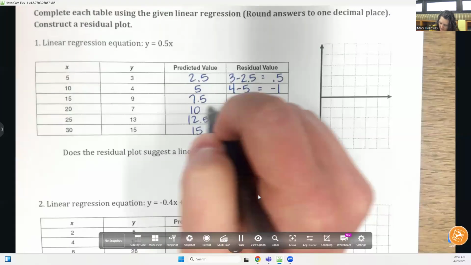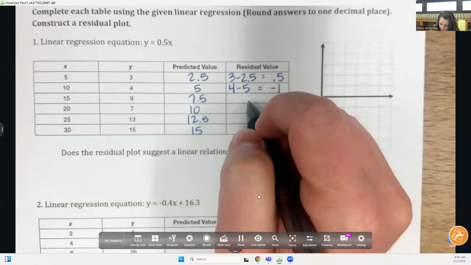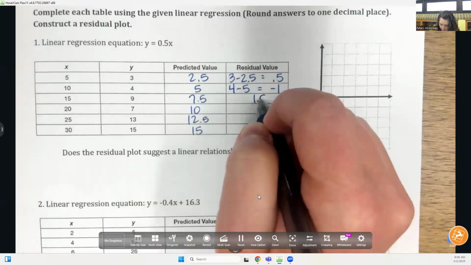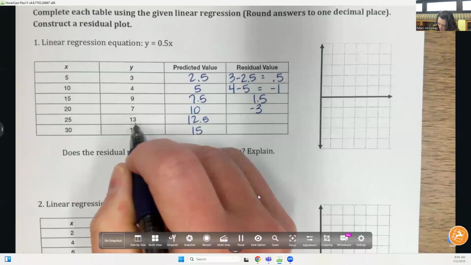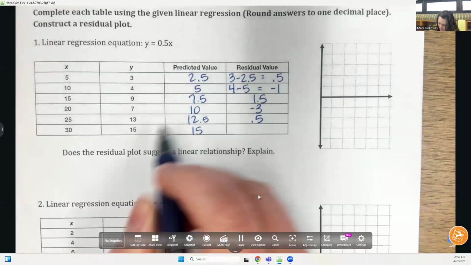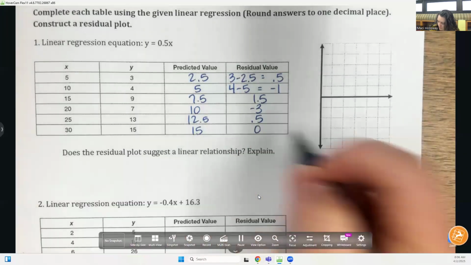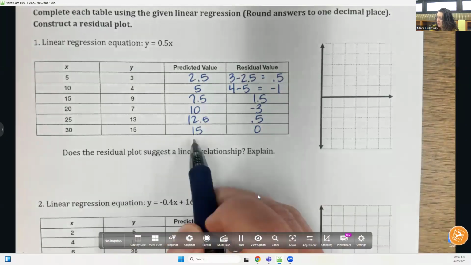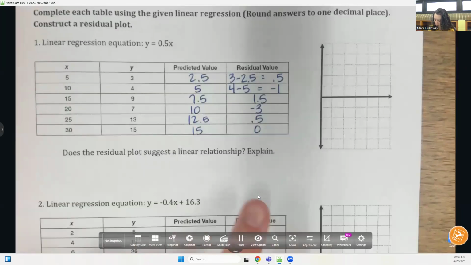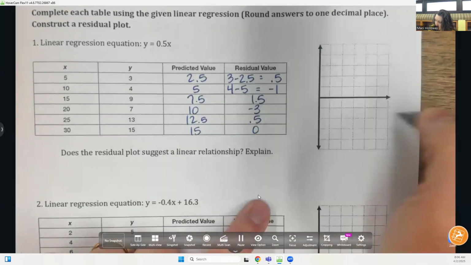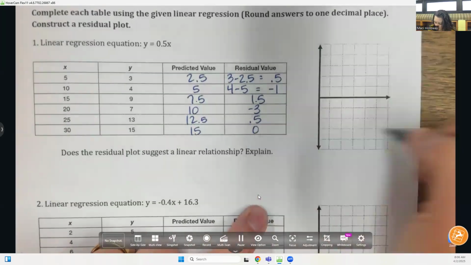And then 9 minus 7.5, your residual value is 1.5. 7 minus 10, -3. 13 minus 12.5 is 0.5, and 15 minus 15 is 0. Remember, when you have a residual value of 0, that means it's a perfect match, right? Just like our compatibility.